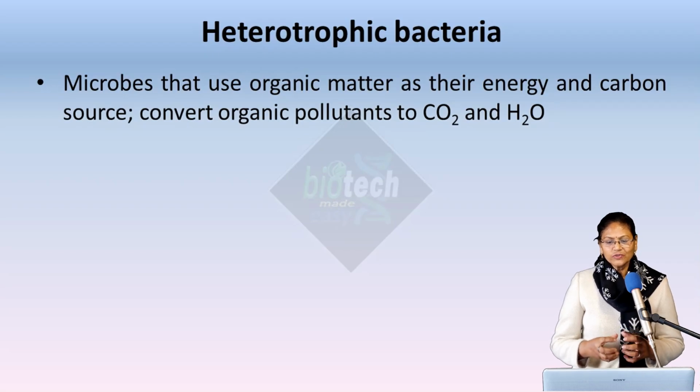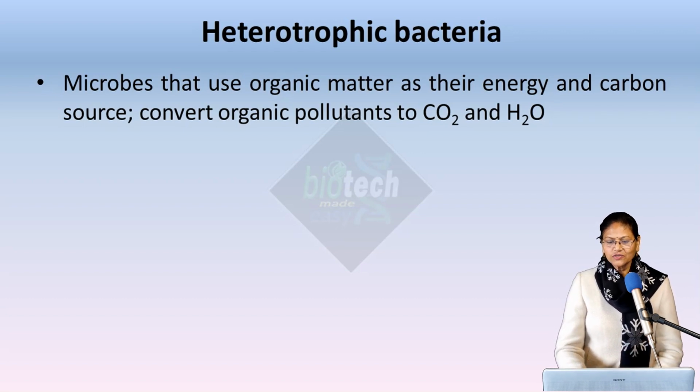Microorganisms that use organic matter as their energy and carbon source are known as heterotrophic bacteria. In simple language, we can say that heterotrophic bacteria are those which cannot make their own food. So they are dependent on the organic pollutants for their energy, and they convert the organic pollutants into carbon dioxide and water.